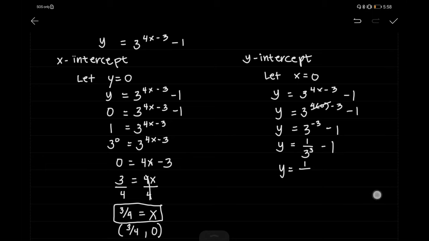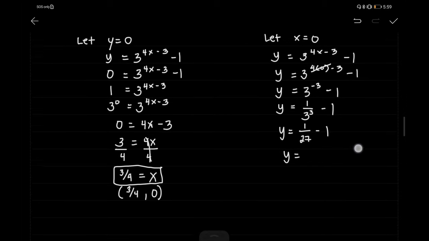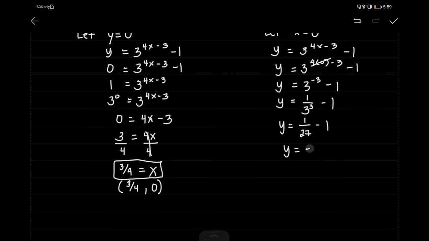So, therefore, if we are going to simplify that one, y is equal to 1 over 3 cubed, which is 27, minus 1. So, what is 1 over 27 minus 1? The value of that is negative 26 over 27.